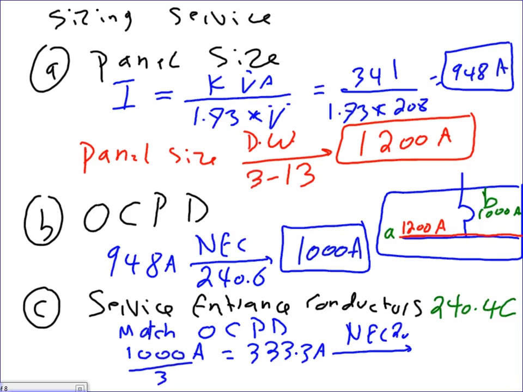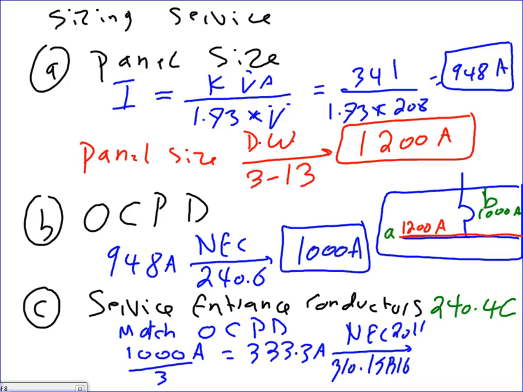Take this one to NEC 2011, 310.15(B)(16), which is Table 310.16. Disclaimer, this is 2011. What's the size of a conductor that can carry 333.3 amps? 400. How many conductors?